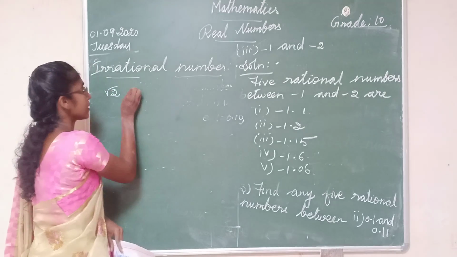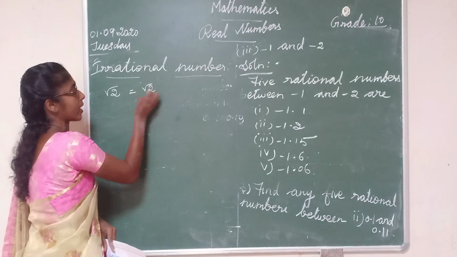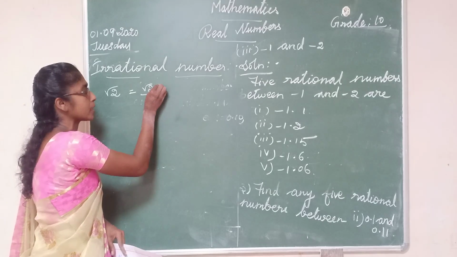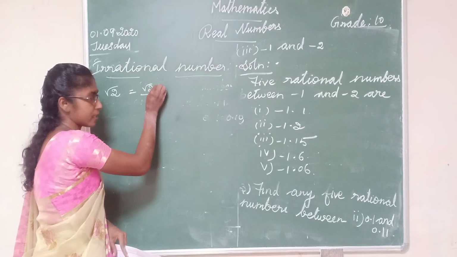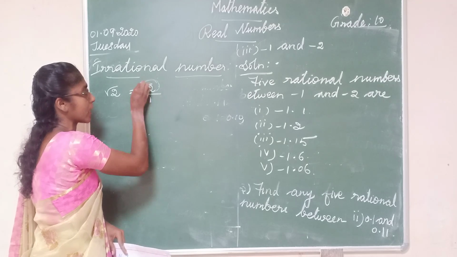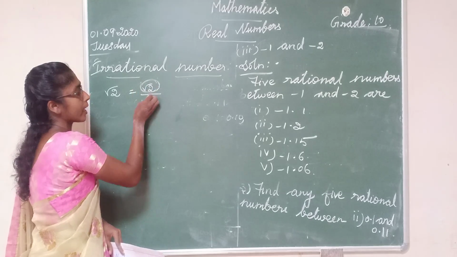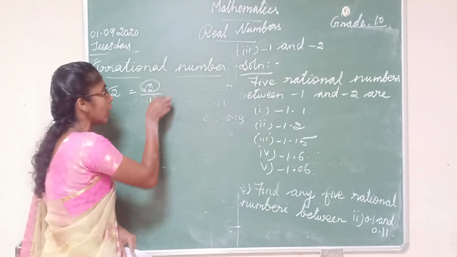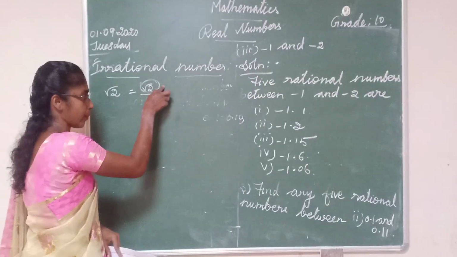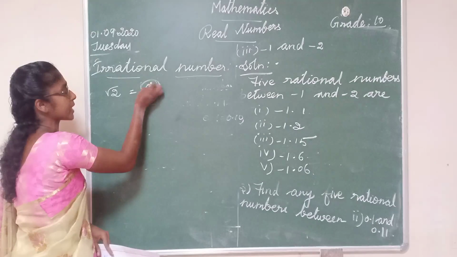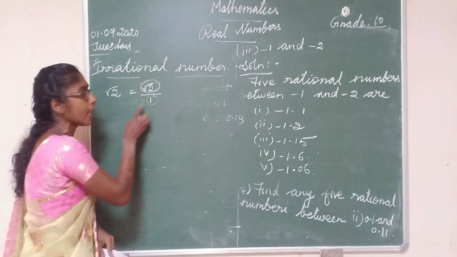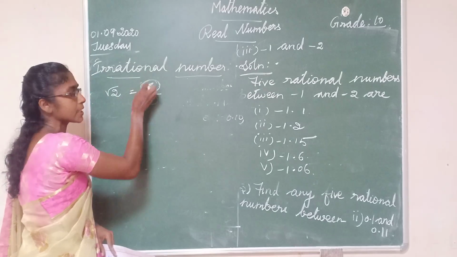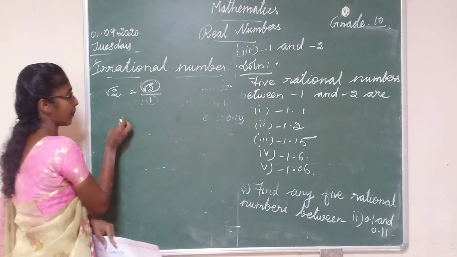No. You may ask a question: √2 also we can write as √2 by 1. Yes, we can write. But √2 is not an integer. We have to write an integer here also. Then only it is a rational number. √2, the number inside the root is not an integer, so √2 is an irrational number.